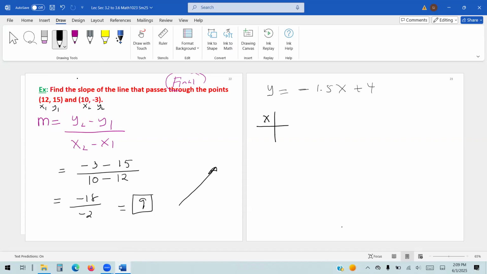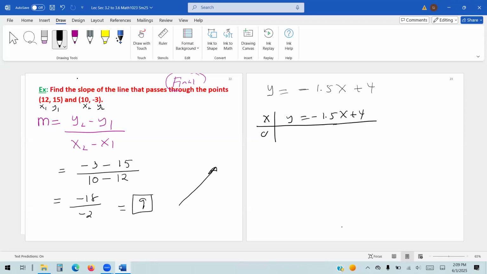Let's say we have y equals negative 1.5x plus 4. Since 1.5 is a decimal, try to pick a number which, if you multiply by 1.5, will become a whole number. For example, 2.